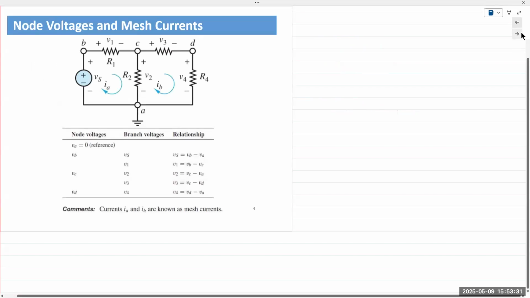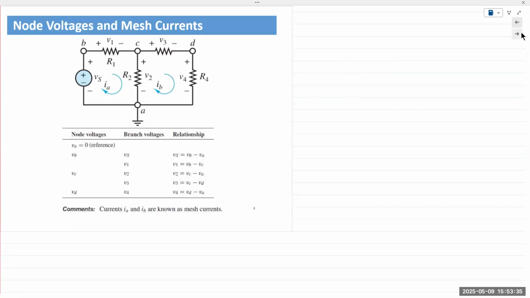All right. Before we get into node voltages and mesh current analysis, let's talk about how we can express each of those. Any questions about anything you've covered so far? Okay. Voltages are always measured with a reference point.